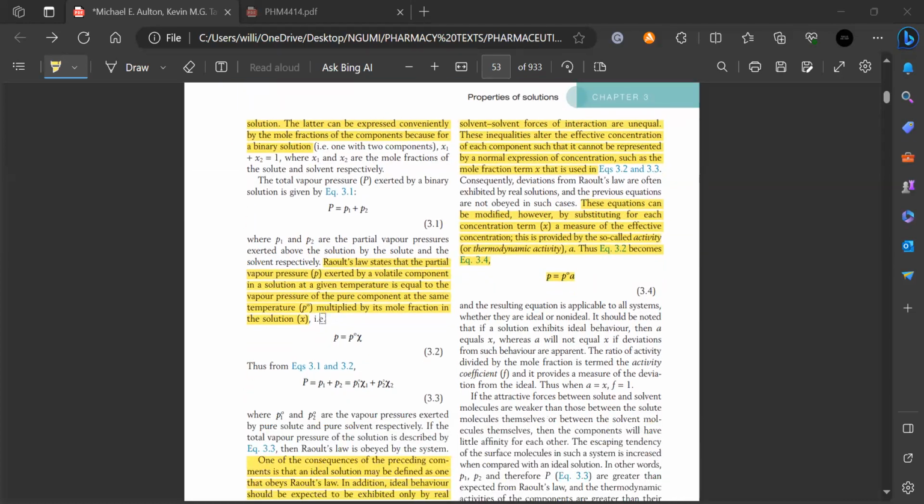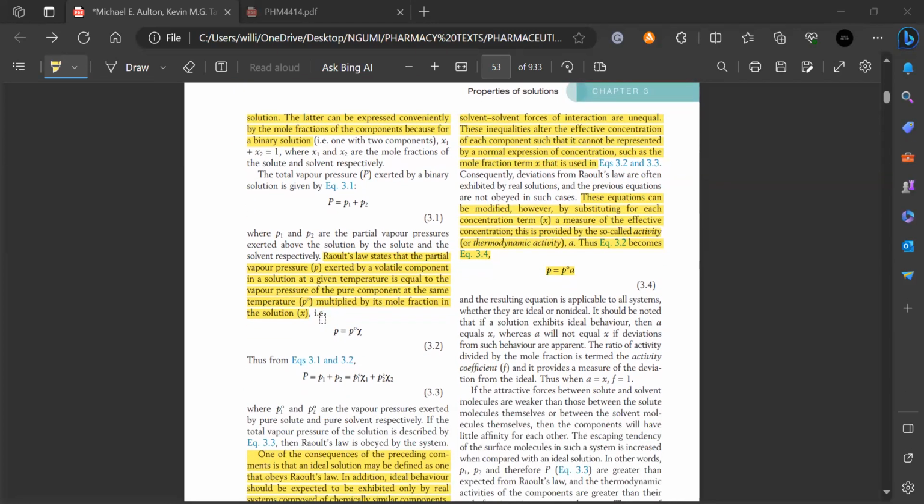So in terms of Raoult's law, it states that the partial vapor pressure, P, exerted by a volatile component in a solution at a given temperature is equal to the vapor pressure of the pure component at the same temperature, multiplied by its mole fraction in the solution.